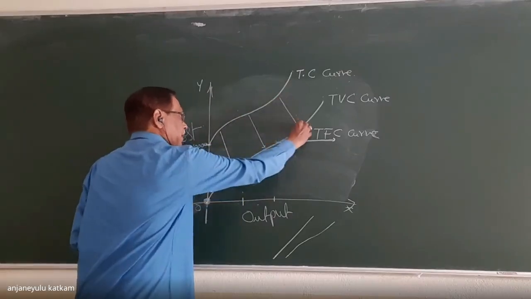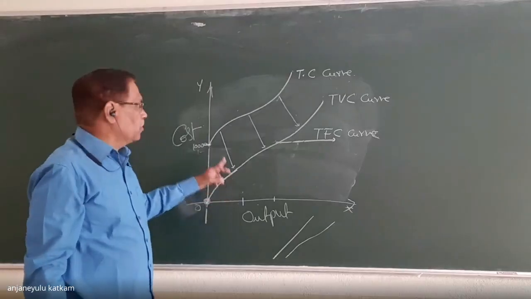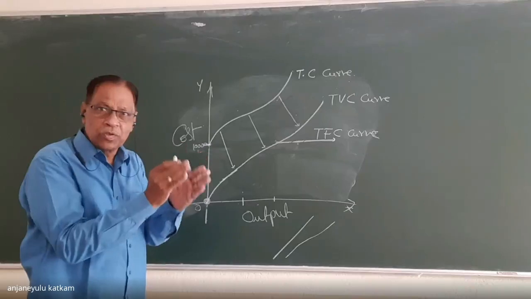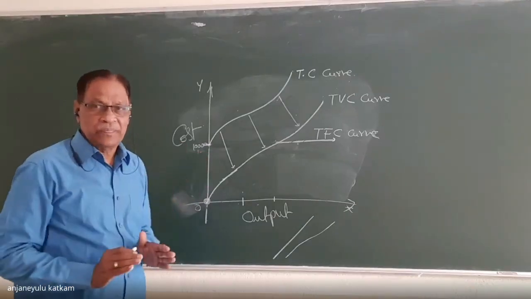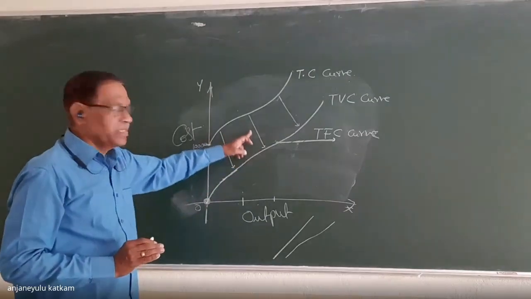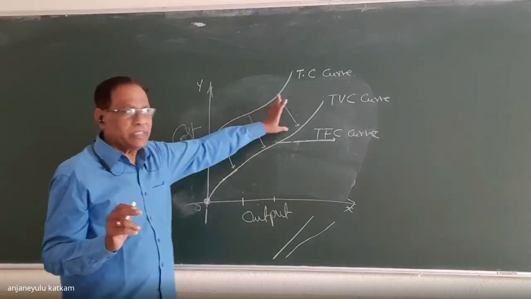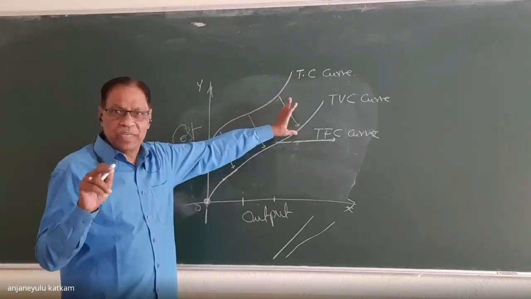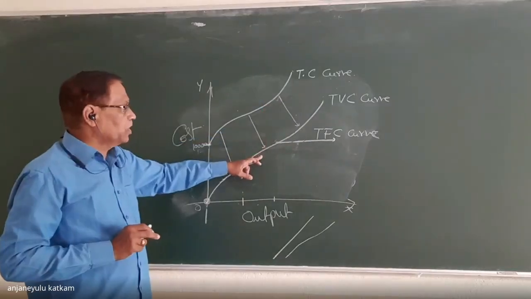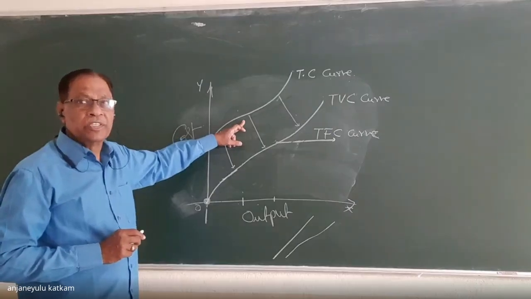So the TVC curve and total cost curve are equidistant curves. We can also call them parallel, because this distance is represented by fixed cost. Fixed cost is the same, that's why the distance is also the same. So the total variable cost curve and the total cost curve are parallel to each other.